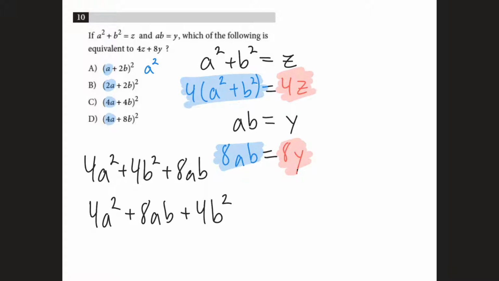My first term on B will be 4a squared. My first term on C would be 16a squared, and then 16a squared for the last one as well. Well, I can see that the only possible solution would be B, right? That's the only one that has a 4a squared. None of the other solutions would work.